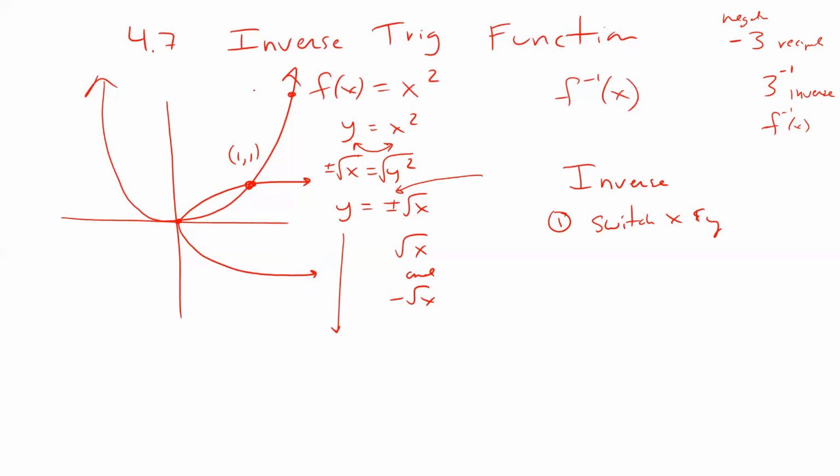Over here, if you switch (2, 4), because 2 squared would be 4, the graph over here, we didn't get to it, but this would have been (4, 2). So it's the switching of the x's and y's that makes the inverse even possible. The function part is the fact that this has to pass the vertical line test, which right now it does not.